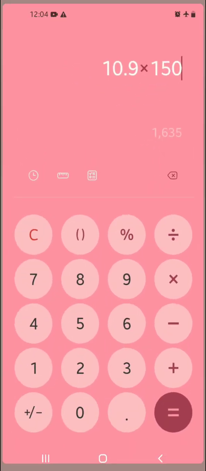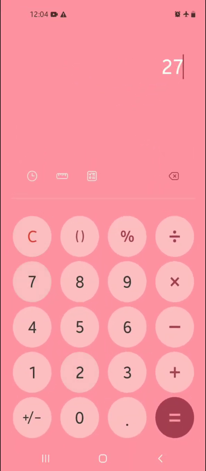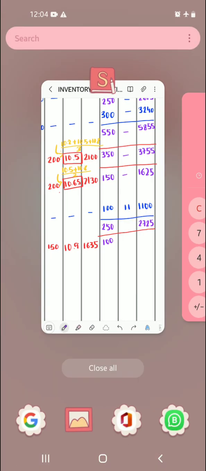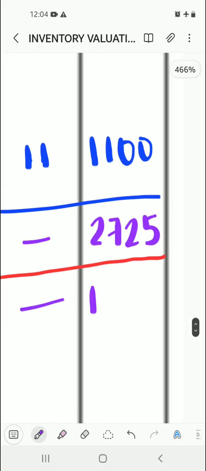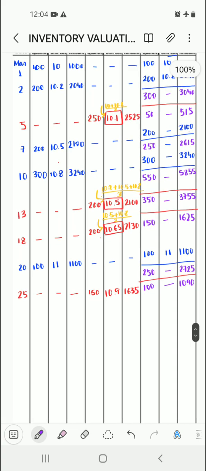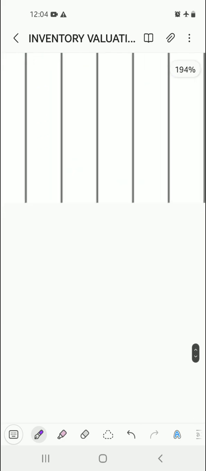So 2725 minus 1635, that is 1090 is the amount we are left with. So we are going to write it here. 100 units for 1090. So according to the simple average method, the inventory valuation will be of 100 units and the price will be 1090. So we're going to write it over here.